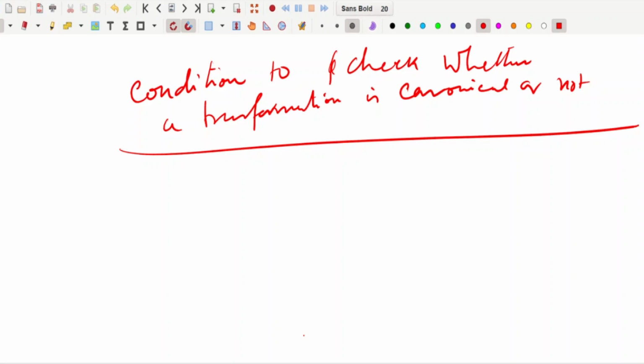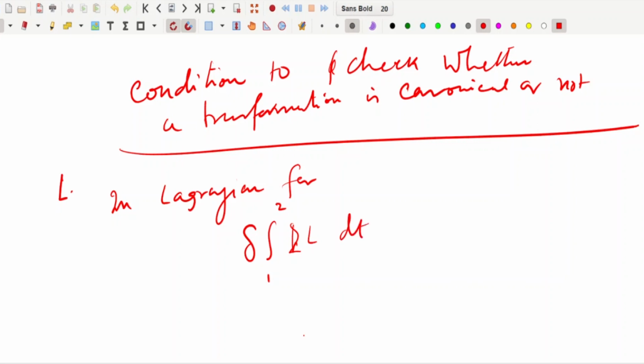See, when we find the equation of motion in the Lagrangian formulation, particularly in Hamilton's principle, we consider the action, delta S to be 0 between the initial and final point. So delta of integral L dt should be 0. But for canonical transformation, we have to consider this variation in terms of Hamiltonian.